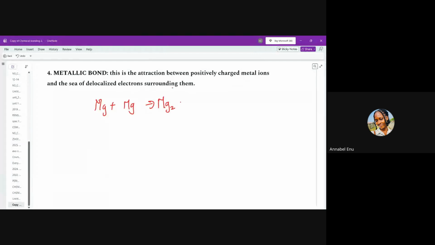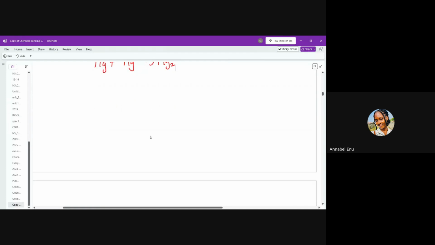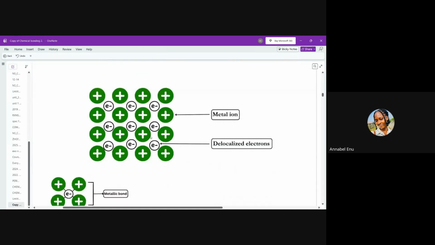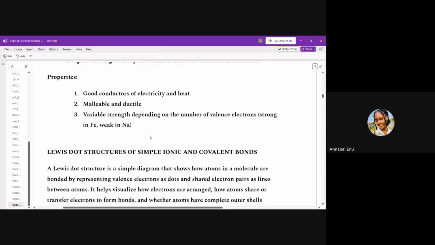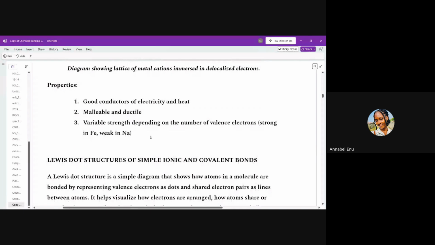So this is an example of metallic bonding. Some properties of metallic bonding: they are good conductors of electricity and heat, they are malleable, and they are ductile. So these are some properties.